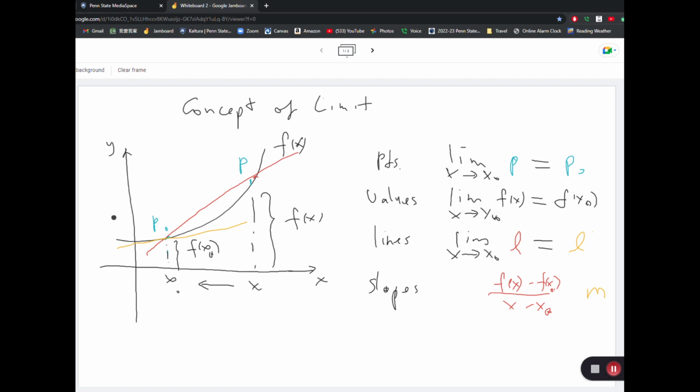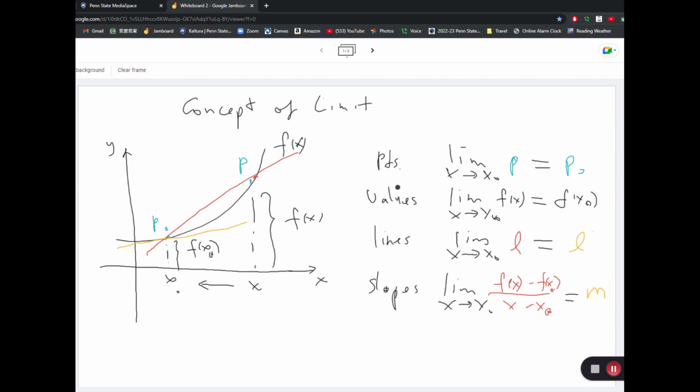So again, we denote this result using the limit notation as the limit of the slope of the red line as x goes to x0 is m, which is the slope of the yellow line.